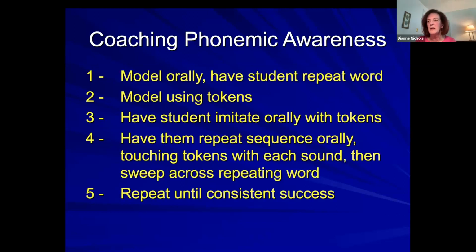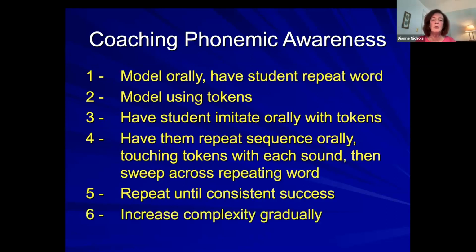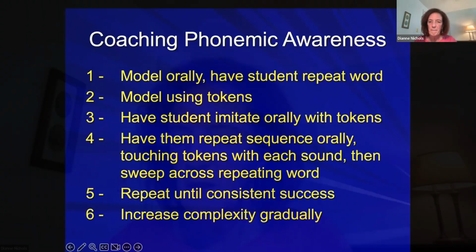Okay, and then repeat until consistent success. So you don't want to go any further. If you're not successful with your student with just consonant, vowel, consonant words, you don't want to go any further until they really are consistent. Then increase complexity gradually. Now, this technique that I'm talking about is my variation on what's known as Elkonin boxes. I'm going to stop here and do a little bit of a share.